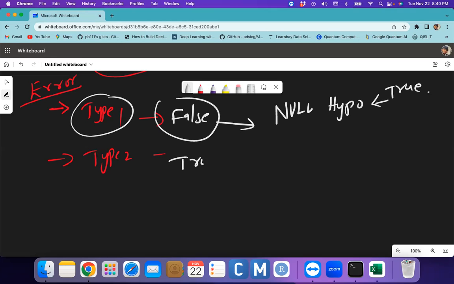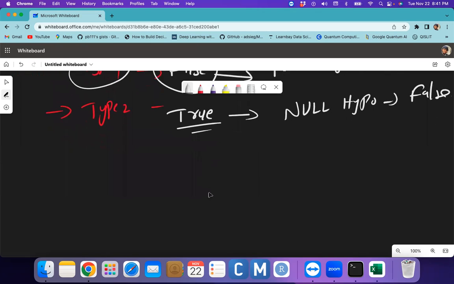Type 2 error means you concluded true, but actually the null hypothesis is false. I mean you are accepting the null hypothesis, but actually it is false. While doing the hypothesis testing, we accept the null hypothesis. That kind of error we call a type 2 error.